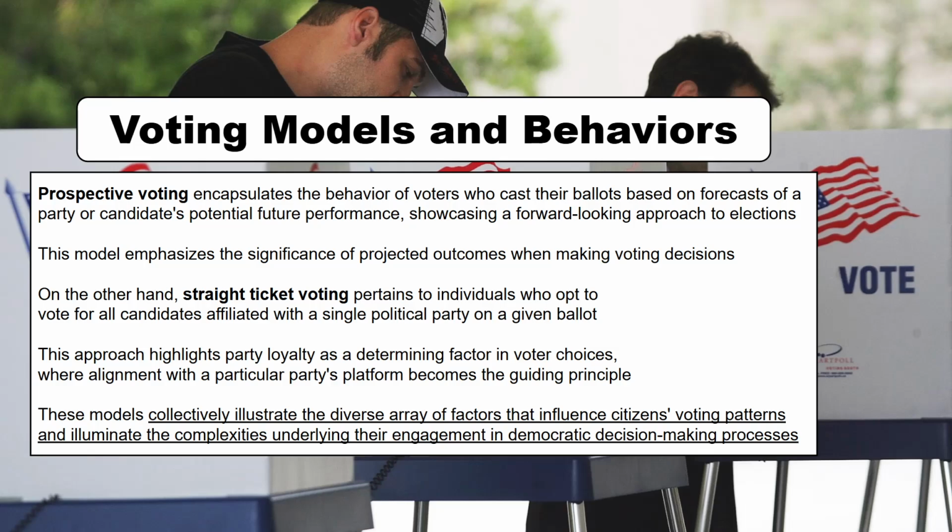Prospective voters are weighing campaign promises, different policy proposals, and vision for the future. They're betting on potential rather than judging a record. So this model is especially relevant for challengers who do not have a record to run on. They're asking voters to imagine a future under their leadership.